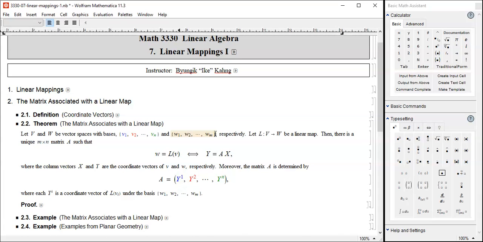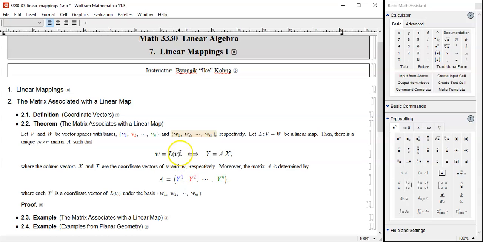If we have different bases, then the same vector will have different coordinate expressions, so we should not be changing the basis. Most of the time, it's a good idea to stay with the standard basis vectors, e1, e2, e3 all the way to en for Rn, and em for Rm. But in general, we have v1, v2 all the way up to vn, and w1, w2, w3 all the way up to wm. So n-dimensional going to m-dimensional.